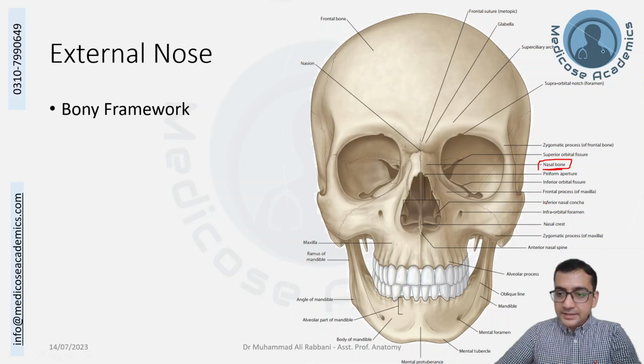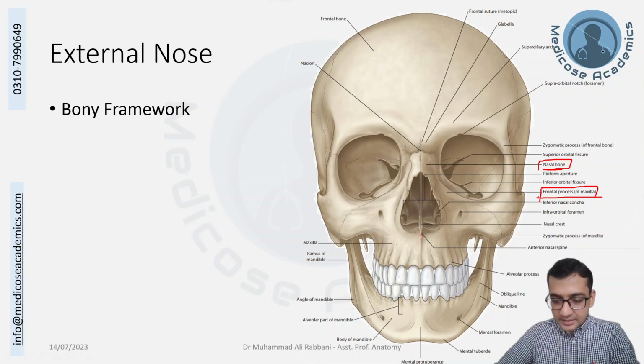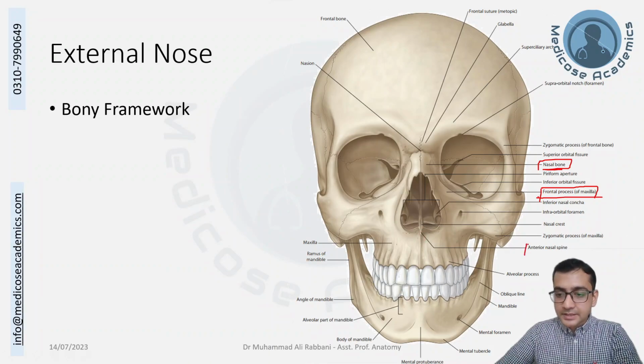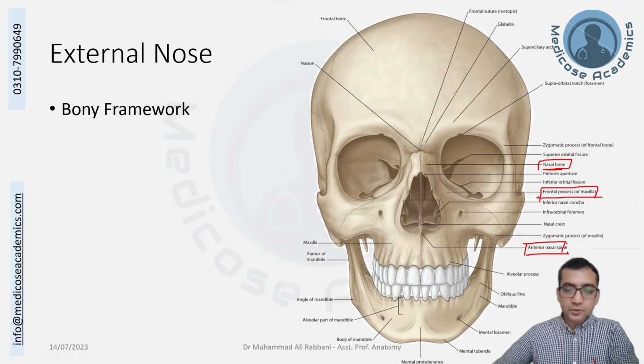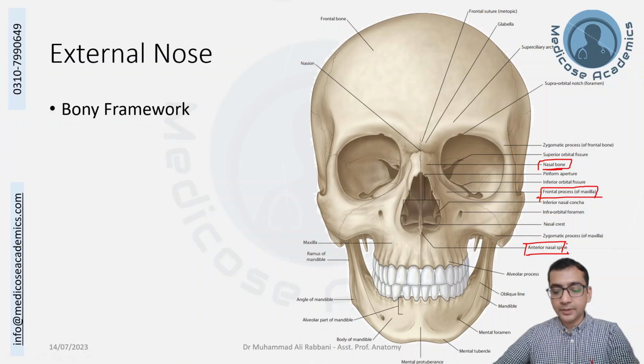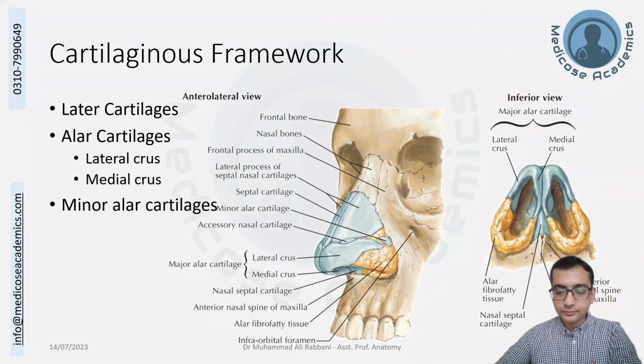There are maxillary bones on each side, the frontal process of maxilla to be exact, and on the floor the maxillary bones meet at the midline, and the raised thing in the midline is known as the anterior nasal spine. So these are the structures forming the bony framework.